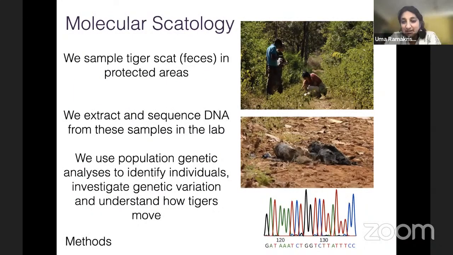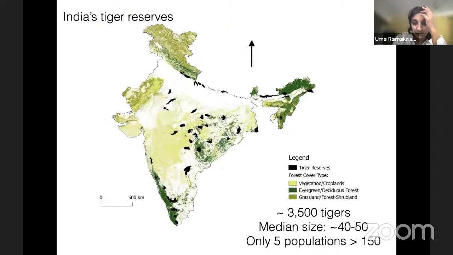So mostly we do what's called molecular scatology. We walk in forests, we sample fecal material, sometimes other things. This has been changing over the years. We bring it back to the lab, extract DNA, and use markers to identify individuals, species, and so forth.